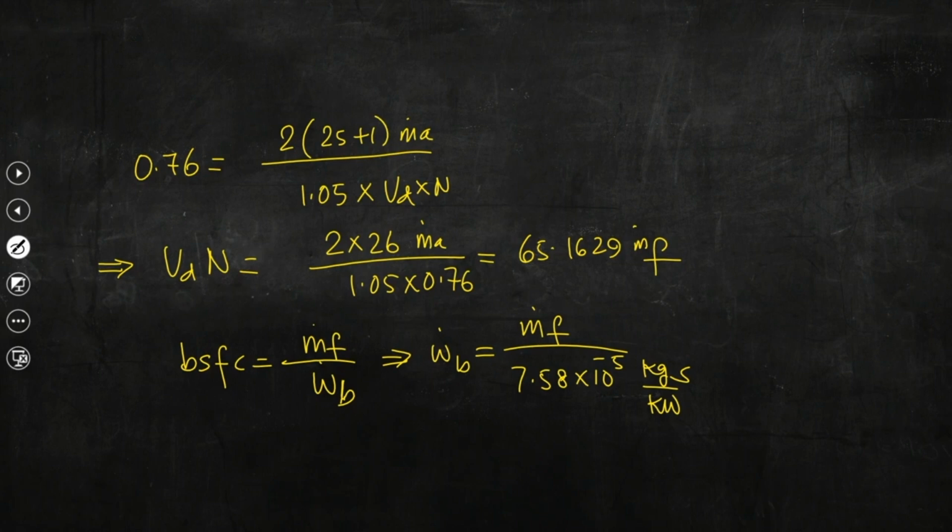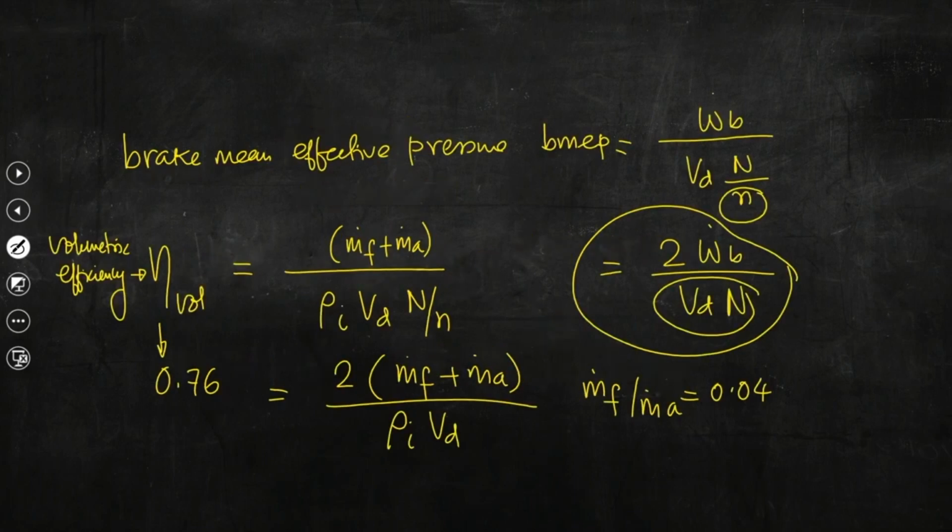So, now we have W dot b, which is again in terms of m dot f, and we also have Vd into n. We could write W dot b in terms of m dot f, and we also could write Vd into n in terms of m dot f.